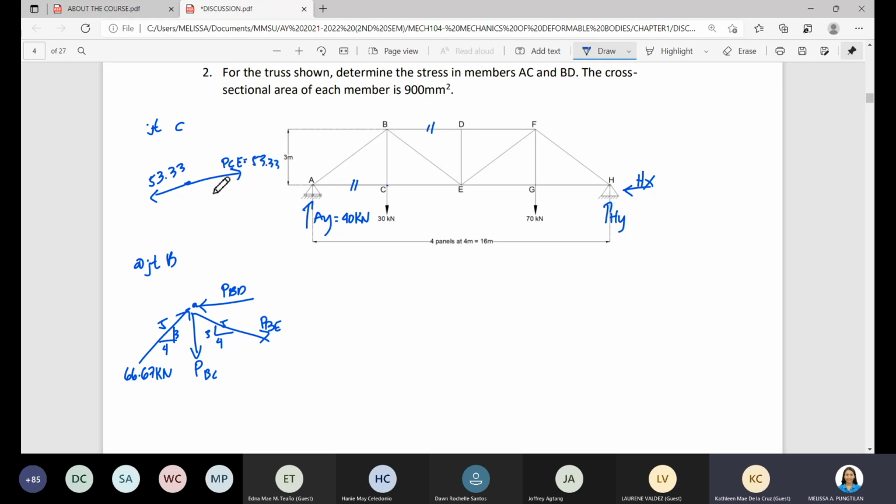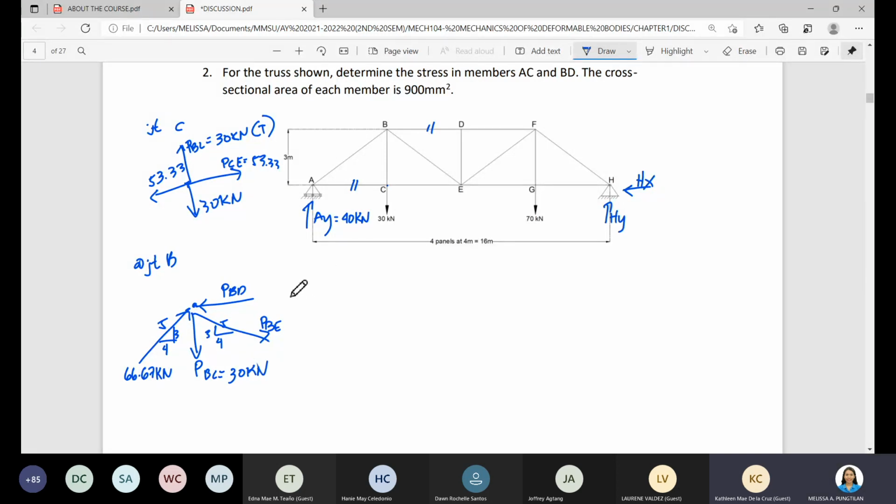Then, meron tayong 30 kilonewton dito. So, automatically, yung ating force BC is equal to 30 kilonewton in tension. Okay? So, taking the summation of forces vertical. So, PBC is equal to 30 kilonewton in tension. So, this is 30 kilonewton. Okay?